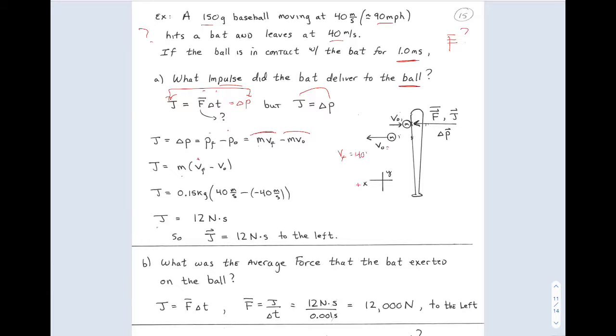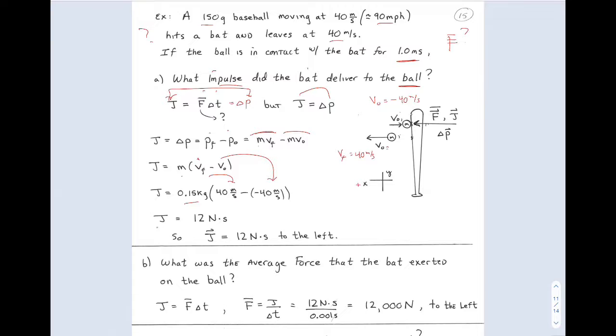My initial velocity is minus 40 because it's heading to the right, that's my negative direction. So V final is 40, V initial is minus 40, times the mass of the ball. I put this in the calculator, and the impulse that the bat delivered to the ball would be 12 Newton seconds. Since it's positive, it's to the left.